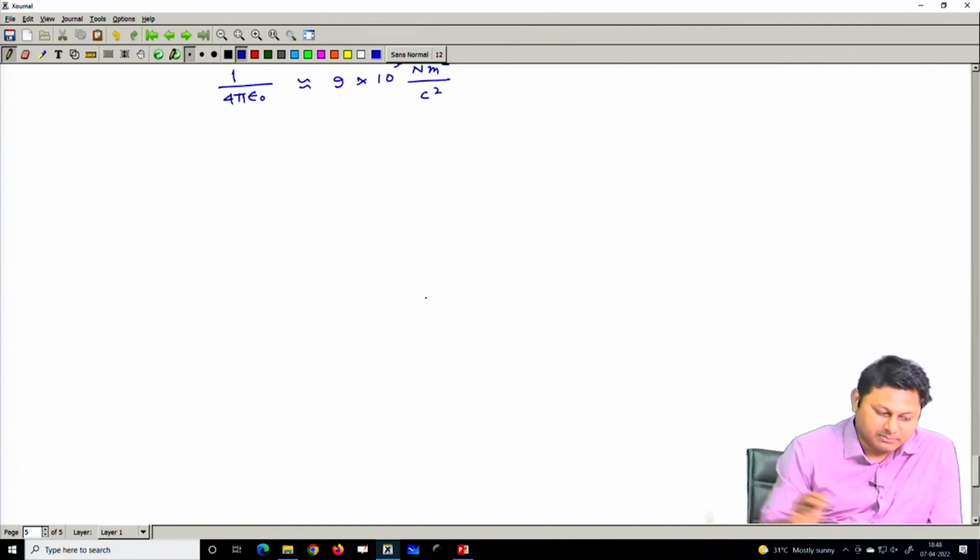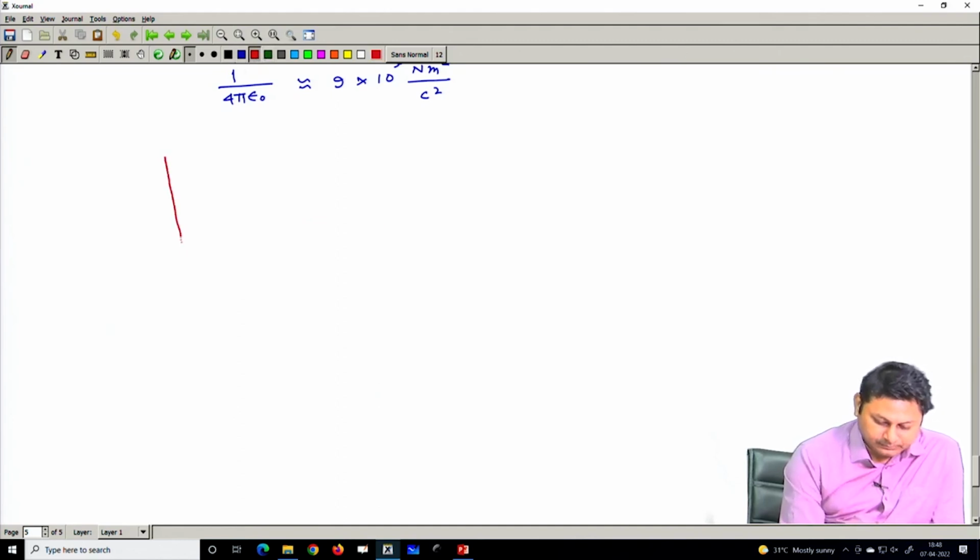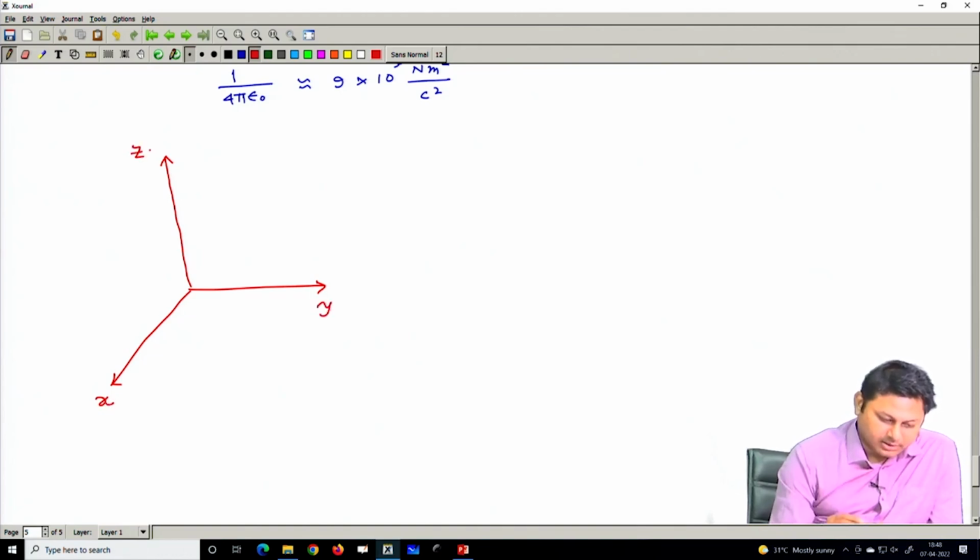So this is for a single charge. What happens if there are multiple charges? So I need to put in a coordinate system now, simply x, y and z, and instead of having one charge we have a charge distribution, but these are discrete charges.